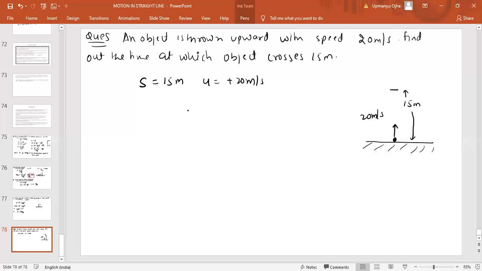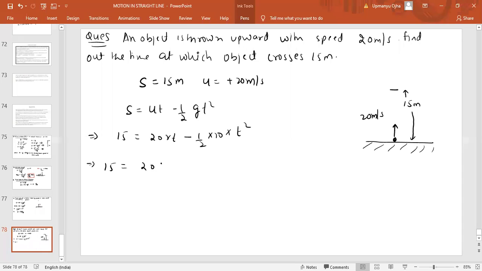Now can I use this equation, s equals ut minus half gt square, because displacement is given and initial velocity is given? So 15 equals 20 into t minus half into 10 into t square, which gives 15 equals 20t minus 5t square.